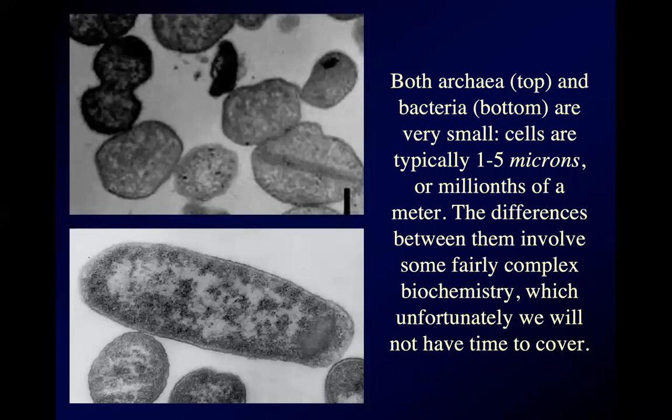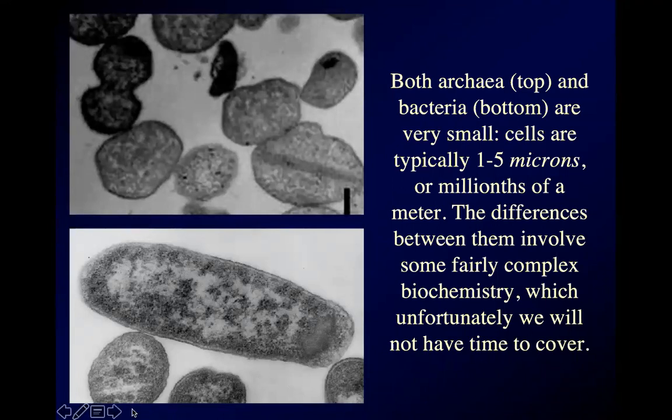So as cells go, this is very small. Eukaryotes on average are bigger, although there is some overlap. And the differences between archaea and bacteria involve some fairly complex biochemistry, which we will not cover, not because you can't understand it, but because we've got a lot more material to go.